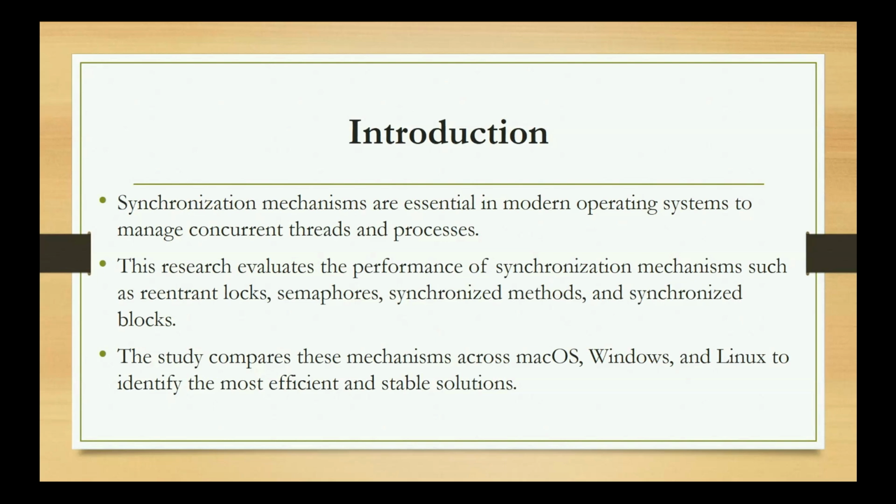So this research evaluates the performance of what we have decided are the four most common synchronization mechanisms, which are reentrant locks, semaphores, synchronized methods, and synchronized blocks. And we're analyzing them by running them on three major operating systems, which are Mac operating systems, Windows, and Linux.